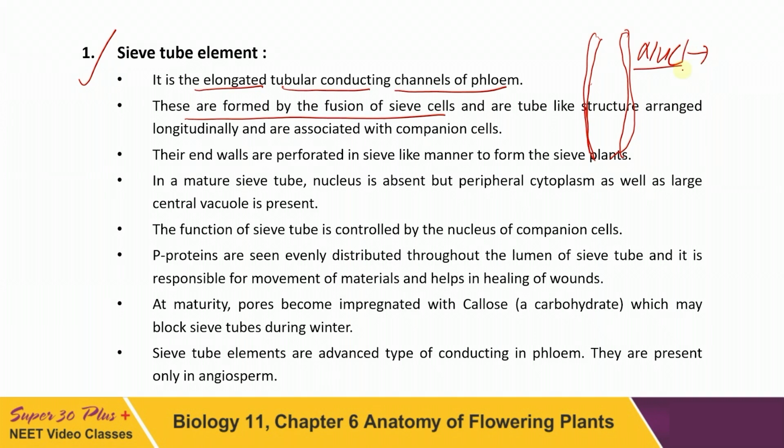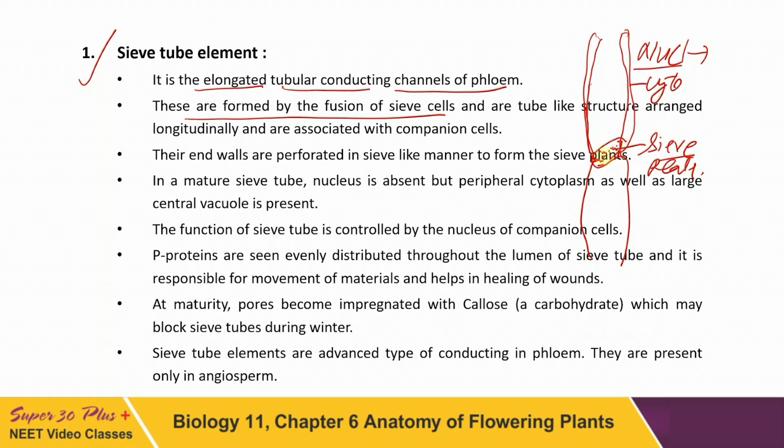Remember, nucleus is absent. These cells will be placed one above the other. This cross wall is known as the sieve plate, and in it we have small pores, known as sieve pores.